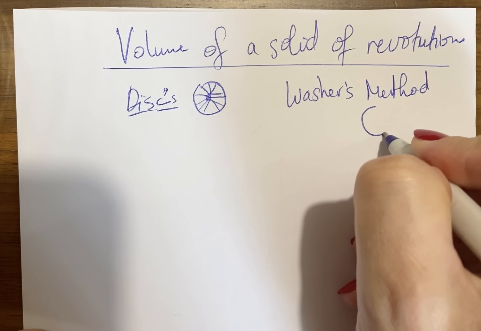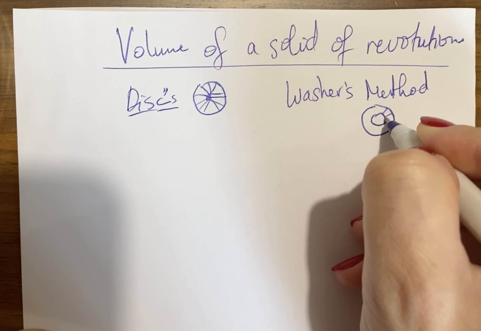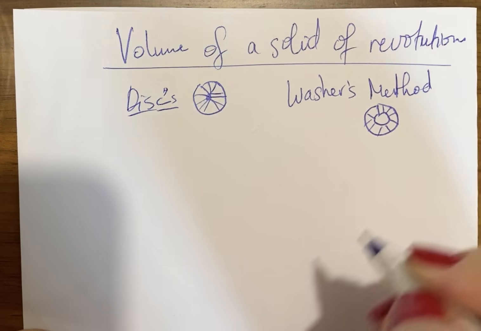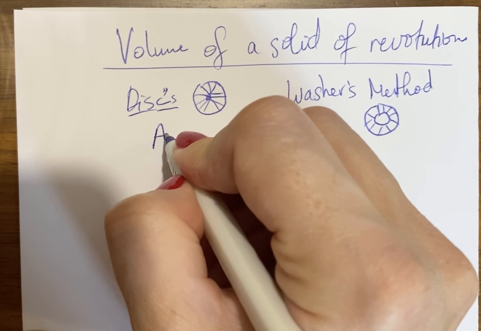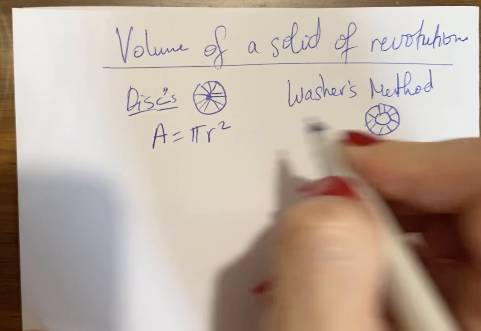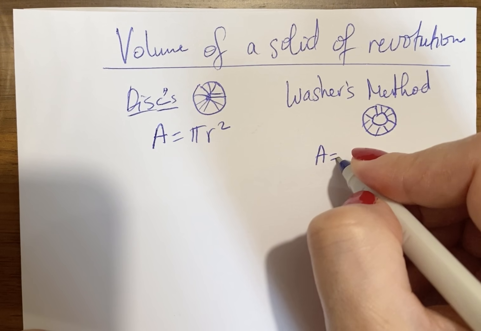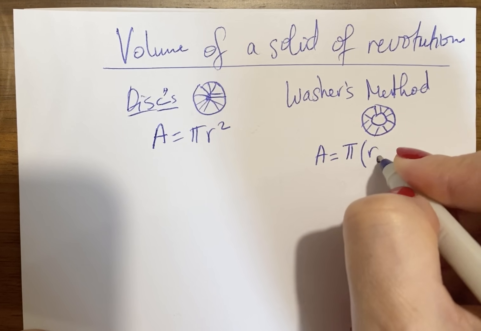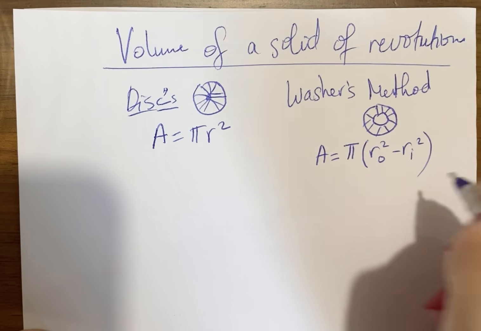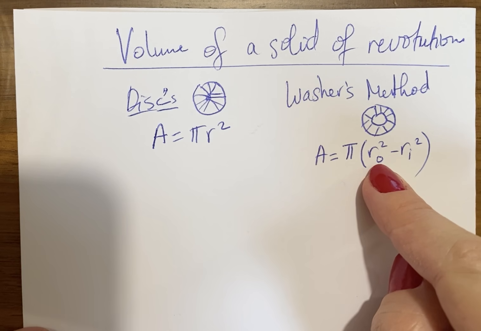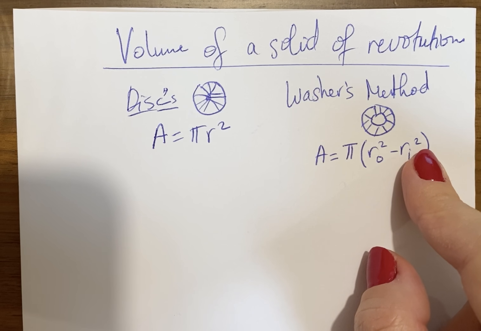Here when I revolve, because there's an empty part, what do I get? I get a donut. The area of a disk is pi r squared. The area of a donut is pi outer radius squared minus inner radius squared, because it's the area of the outer circle minus the area of the inner circle.